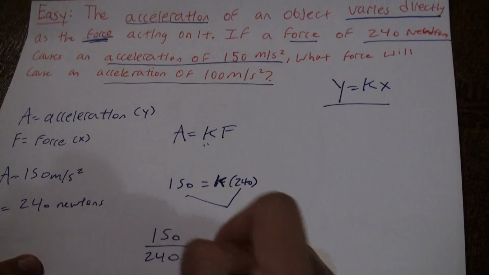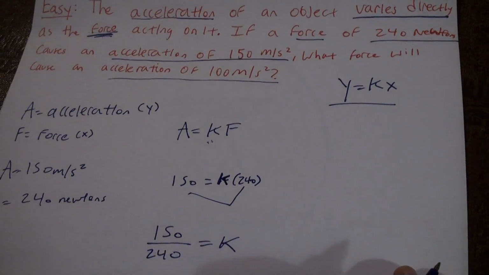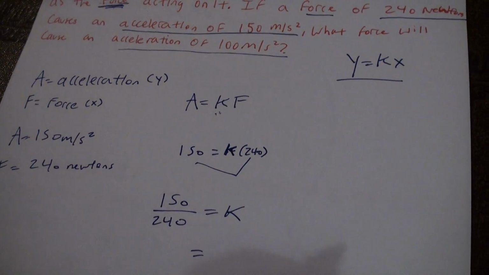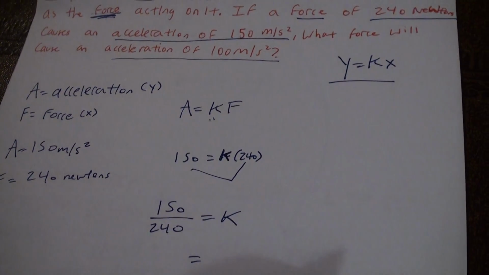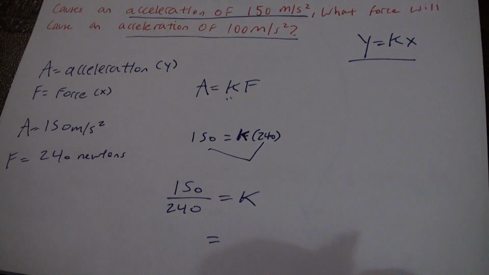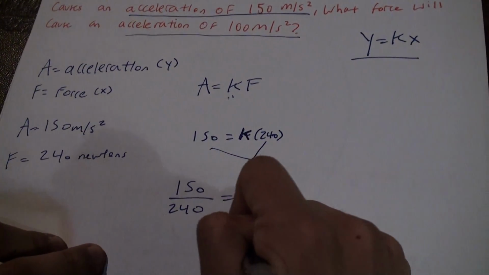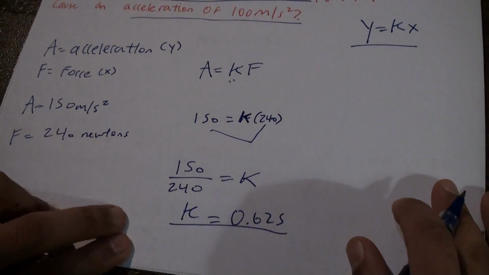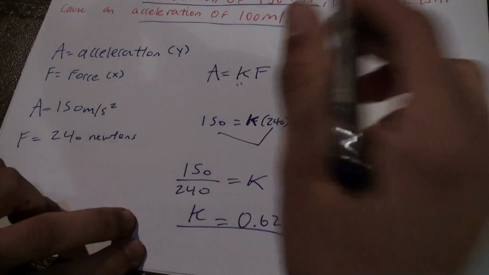Equals K, then you would get 0.625 equals K. That's your constant. And remember, you're going to use your constant to solve the second part of the problem.